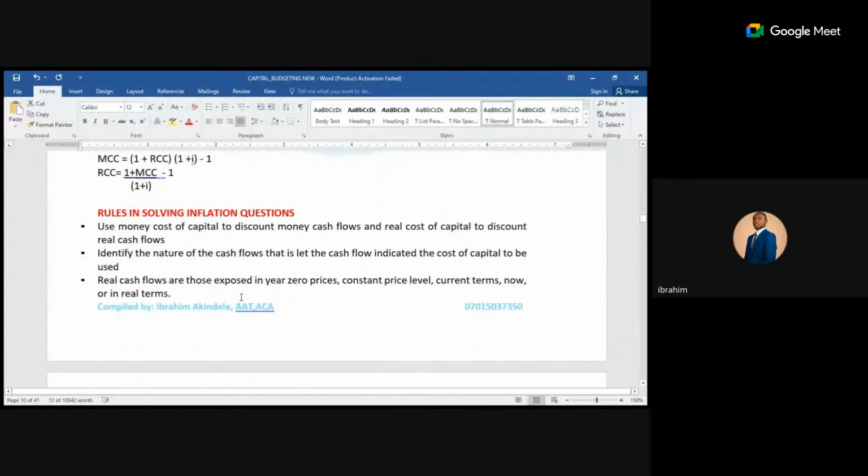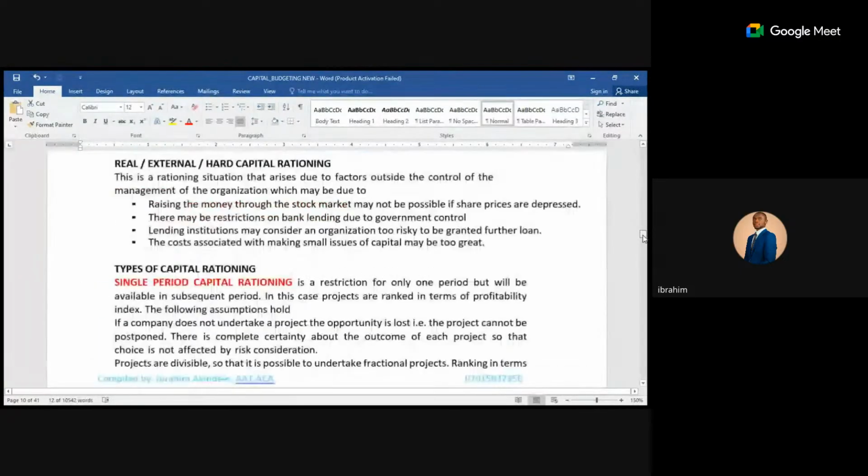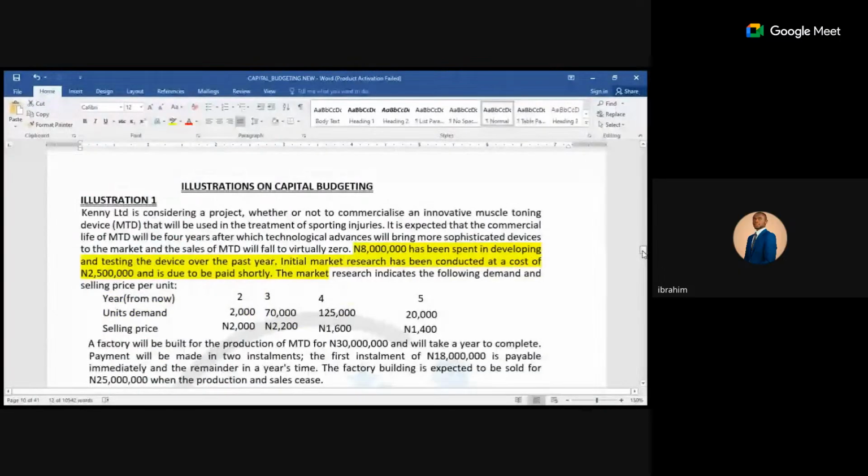Real cash flows are those expressed in year 0 prices, constant price level, current terms, or real terms. Do you understand? Either in current terms or in year 0 prices. So we can say it is a real cash flow, right?